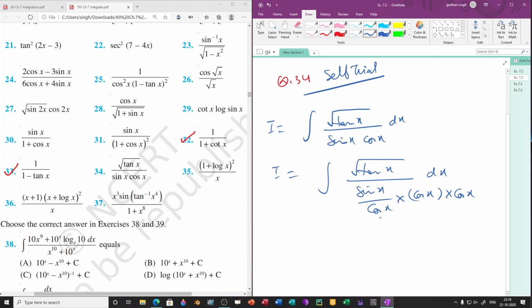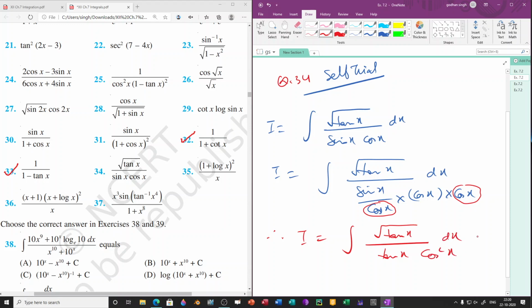What we have done is multiplied and divided by cos x. Now cos x into cos x is cos square x, and when it goes in the numerator, we get 1 by cos square x as sec square x, and this sin x by cos x will become tan x. So I equal to integration of root tan x over tan x into cos square x dx.